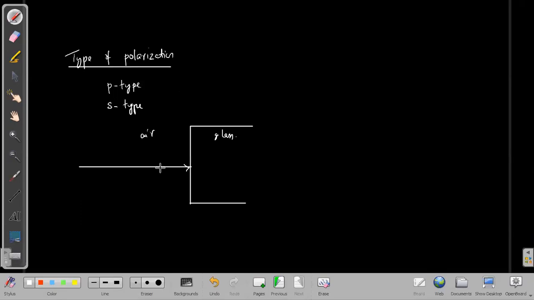Now we can have two different types of oscillation for an electromagnetic wave. Either the electric field can oscillate along this direction, that is one type.